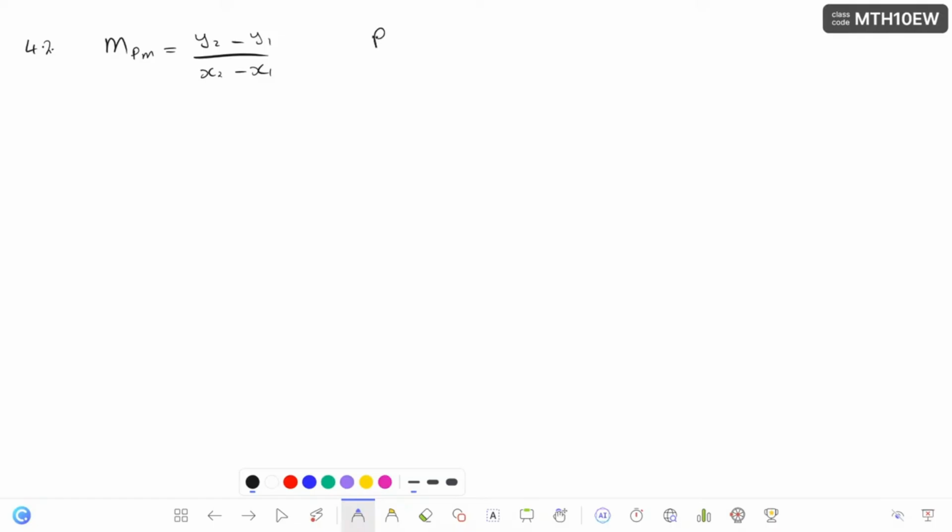We're going to use P as 3 and 9 and M as 1 and 3.